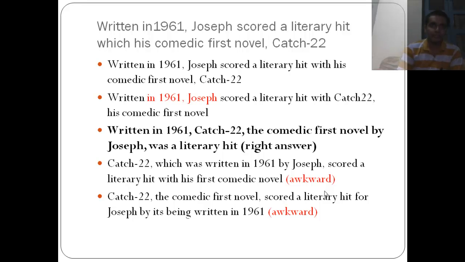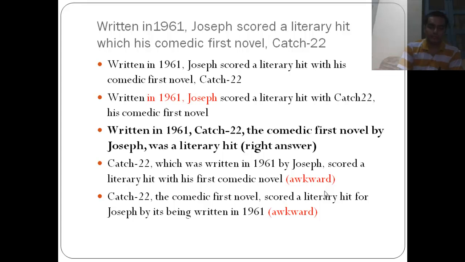So was it a hit because it was written in 1961? It is changing the meaning. In fact, E has nothing to do with the year. It's just like written in 1961, Catch-22 was his first novel. So the best option here, which conveys our message in the right way, which is clear, and where the modifiers are put in the very right way, is option C.